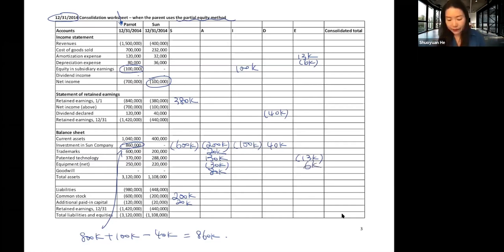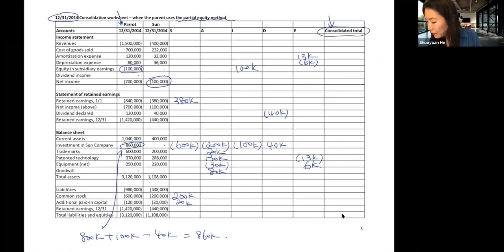The last step is to figure out the consolidated totals. We add up most of the rows horizontally, but for some rows, we need to do it vertically. For example, net income is a sum-up number. None of the consolidation entries is directly recorded to the net income account. That's why when we do the consolidated totals for net income, we need to add it up vertically.